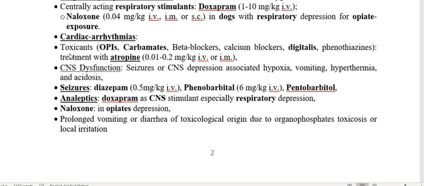So if the poisoned animal is suffering from cardiac arrhythmia, that is, the heart is not in rhythm, and the cause may be one of these toxicants like organophosphorus insecticide, carbamate insecticide, or digitalis, then you have to give atropine. What is atropine? It is a muscarinic antagonist. You have to give this muscarinic antagonist atropine at the dose rate of 0.01 to 0.2 mg per kg body weight IV or IM.